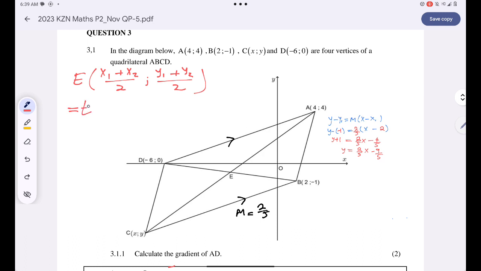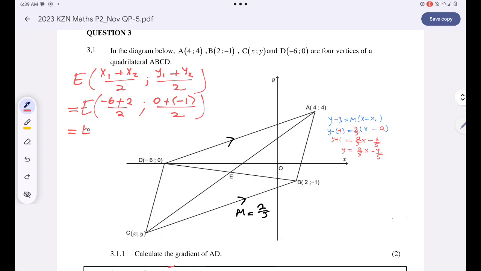This is equal to E, and then I'll simply take the x value at D, which is negative 6, plus the x value at B, which is 2, all over 2, and then for y I'll take the y value at D as well, plus the y value at B, all over 2.